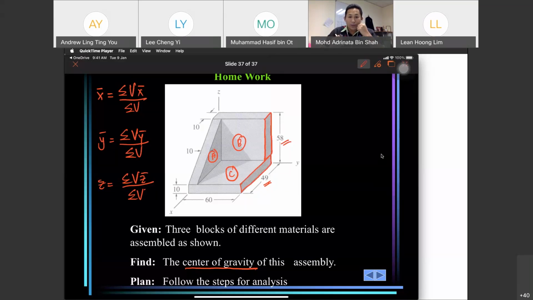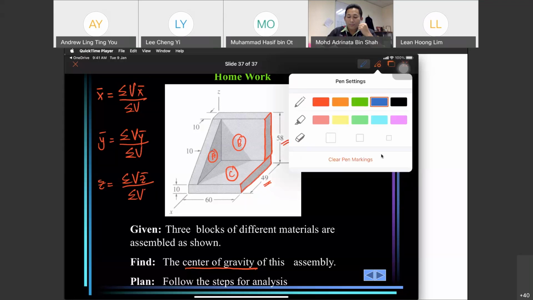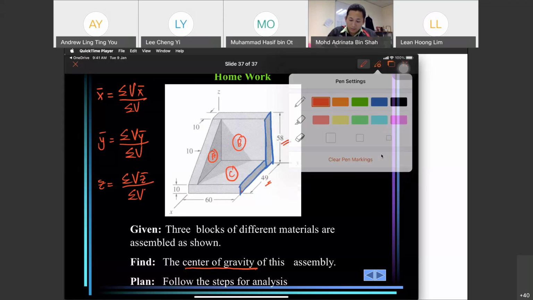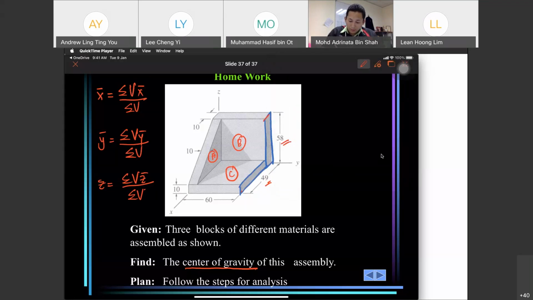It depends on how you take your components, or you take it as this one. So it depends.